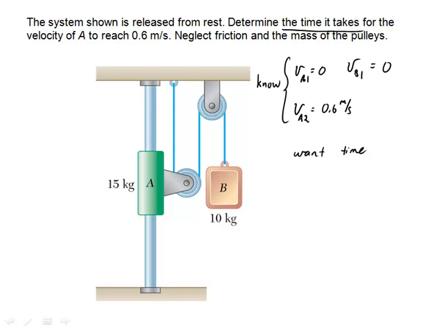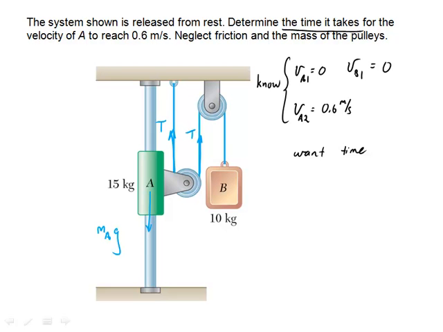All right, so let's take a look at the forces acting on the 15 kilogram mass. So we're going to have M sub A g, that's the gravitational force due to the Earth acting on mass A. Then we also have tension and tension.